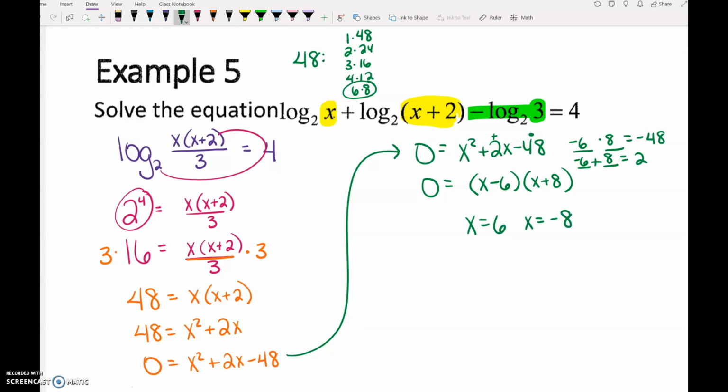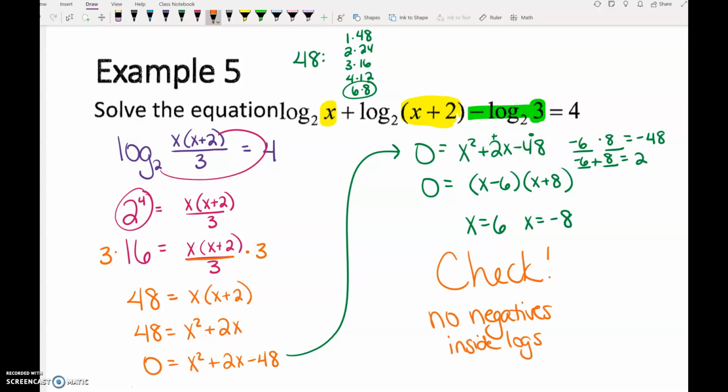Now again, we have to check our solutions because you cannot have negatives inside of a logarithm. So I'm going to write down no negatives inside logs. Okay, again, if you hear background noise, there's like large things being thrown around me. This is craziness.